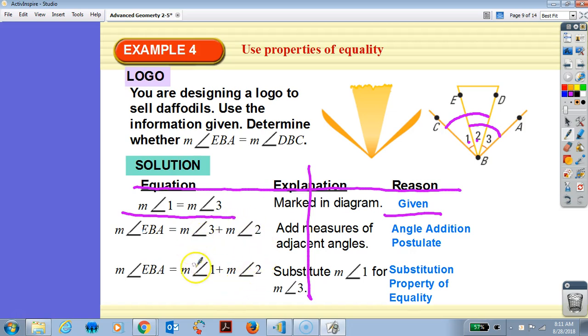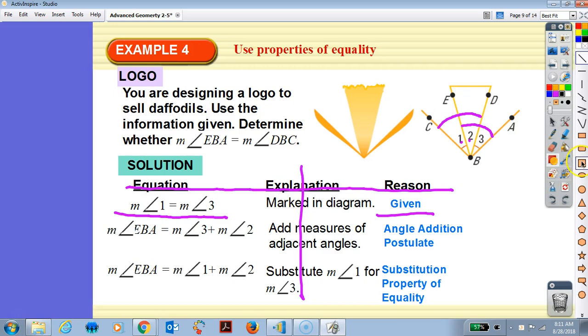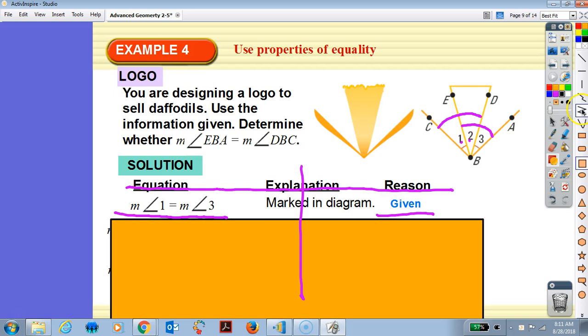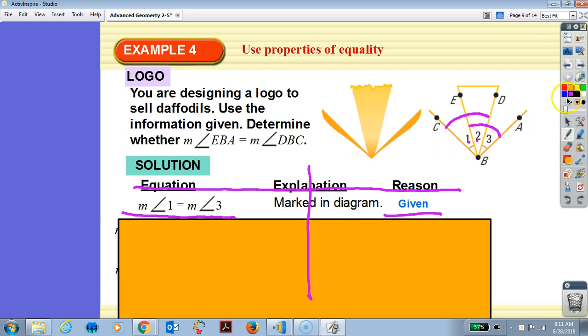and I need one of these sides to be the same, right? So, okay, let me step back. Let me put something here. Okay. So let me just write this out so it makes sense. So this is step 1. So step 2 would be the measure of angle CBD.